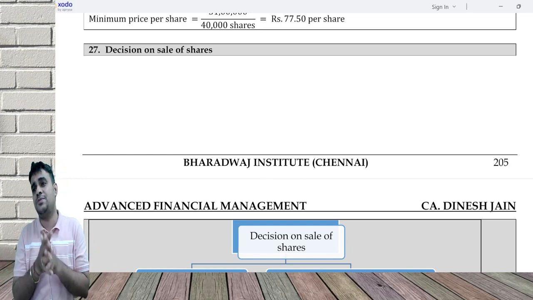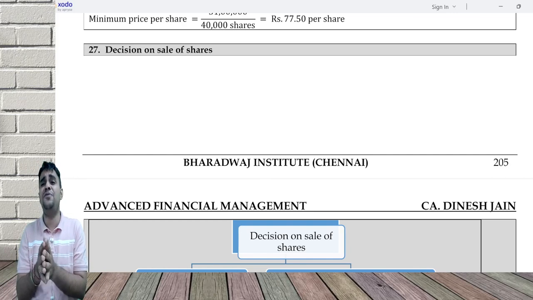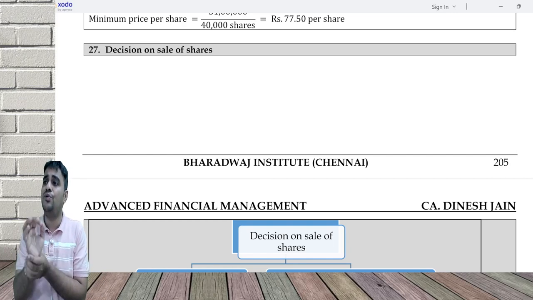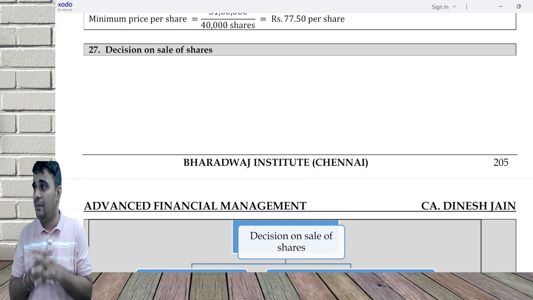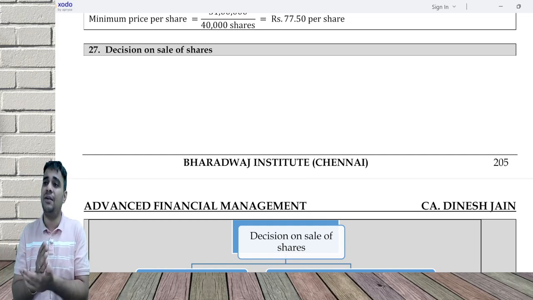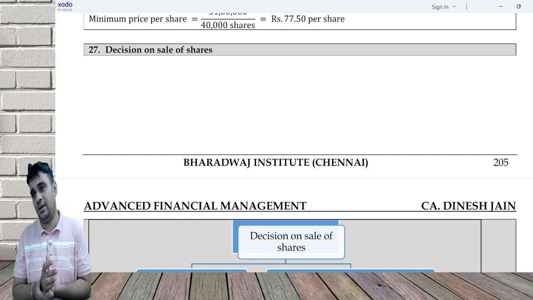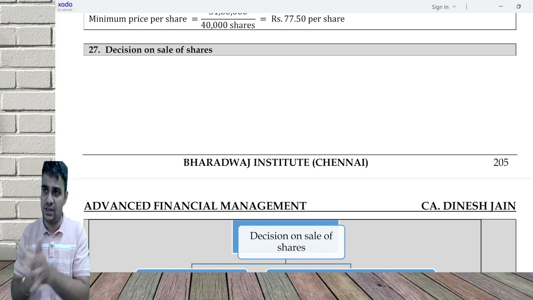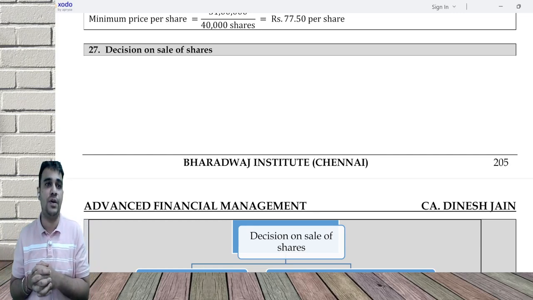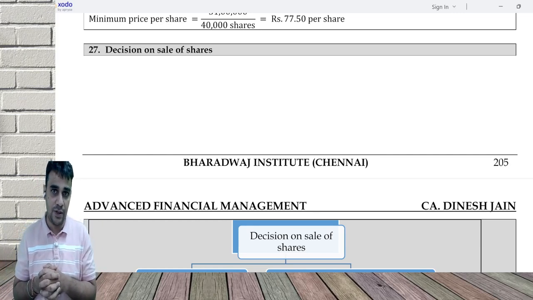Now, what the concept says is: if I'm gaining or losing at market price, if I'm gaining at market price, continue holding. If you're losing at market price, please sell your shares and say no to the merger, or leave the company, because you're going to lose because of the merger.